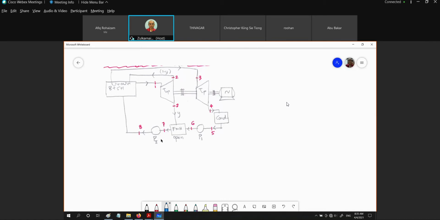And then we have the second compressor, the pump, feed water pump, and we increase the pressure to P8, which is equivalent to the pressure of this boiler and superheater, right? So this is the regen. Okay, this is the regenerative cycle with open feed water heater and reheat.